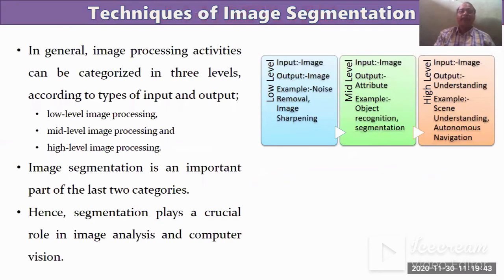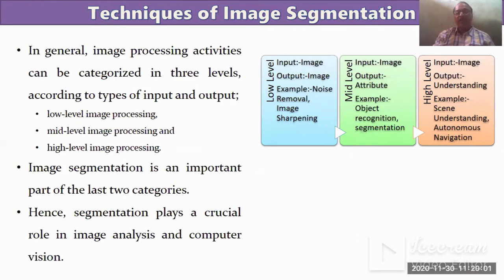So we know that, in general, image processing activity can be carried out at three levels according to the input and output. We know that in the first chapter we studied all this. पहिल्या चॅप्टर मध्ये आपण हे बघितलेलं आहे, लो लेवल इमेज प्रोसेसिंग, मिड लेवल इमेज प्रोसेसिंग and हाय लेवल इमेज प्रोसेसिंग.